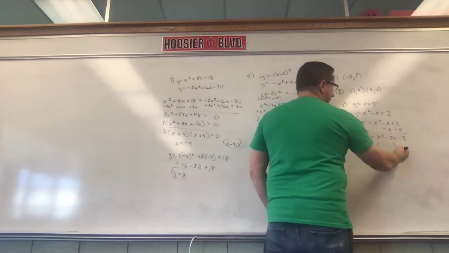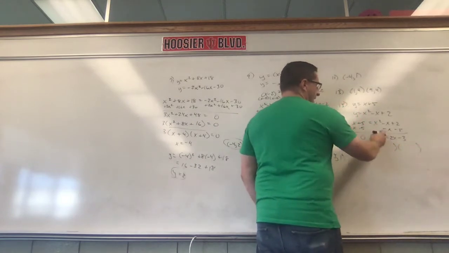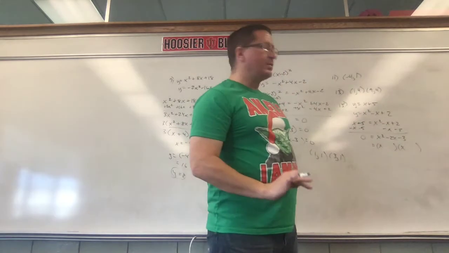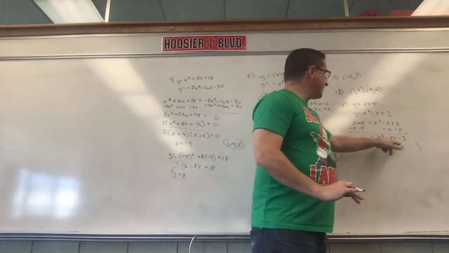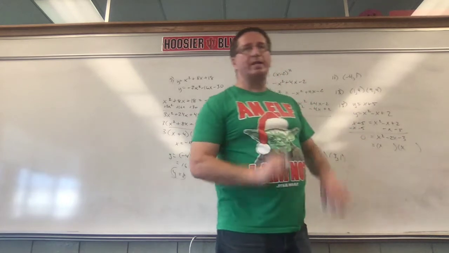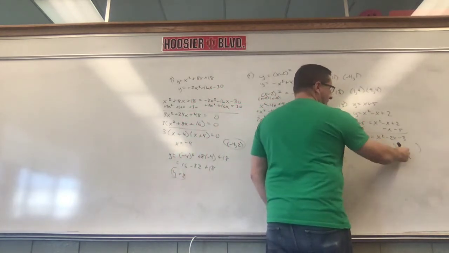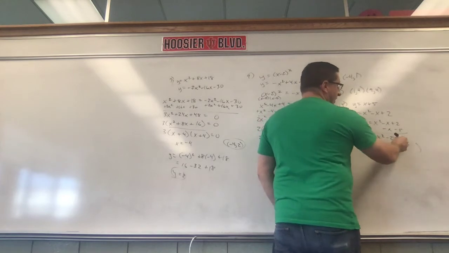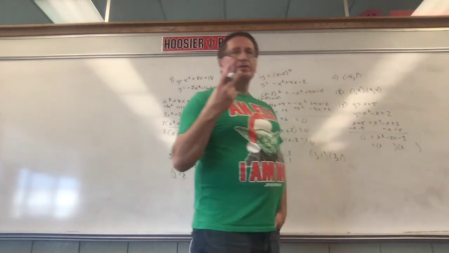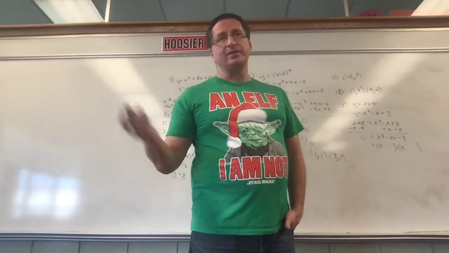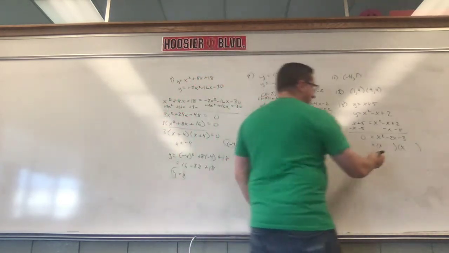So this does factor. X squared is x and x. Don't do this. I see students see minus, minus, and think, oh, you put minus, minus. That's not the way you do that. We've told you that you look at your first term, then you look at your last term. To make a negative, there's only one way: a positive and a negative, or a negative and a positive. It doesn't matter, so I'm going to put plus, minus.